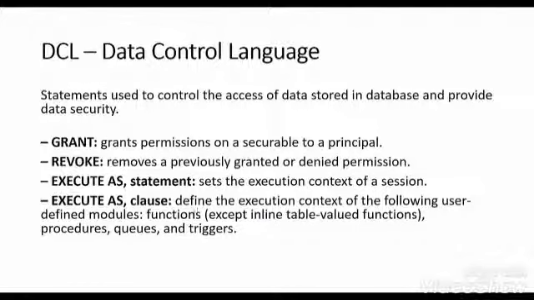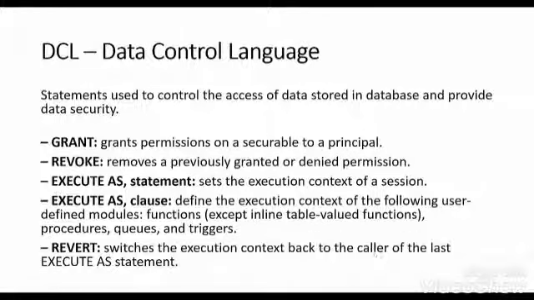Whichever username is passed to that execute as, the stored procedure or the function will execute on behalf of that user by switching the context to that user. The last one is revert. Revert means whatever execute as context you have set for that user, it will revert to the original user that was logged into that session. Revert basically switches the execution context back to the caller of the last execute as statement.